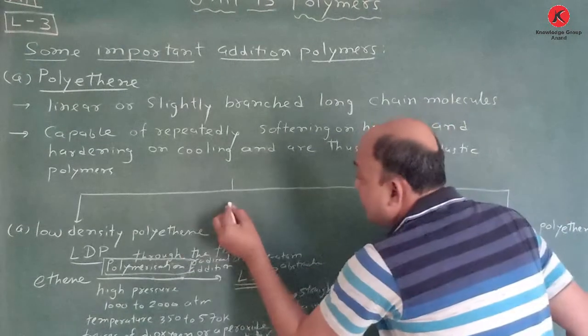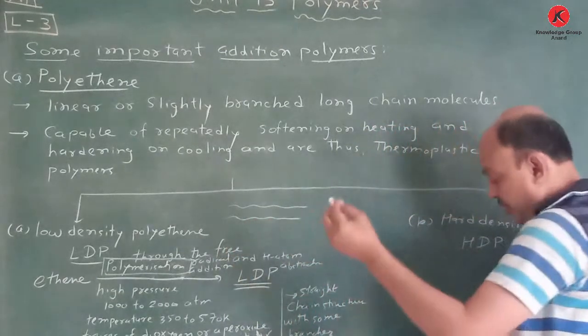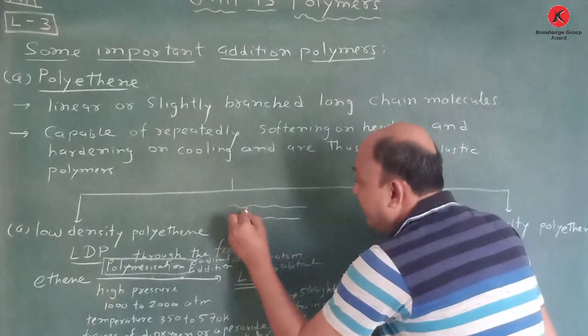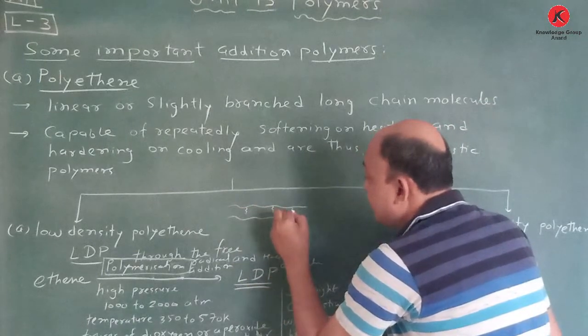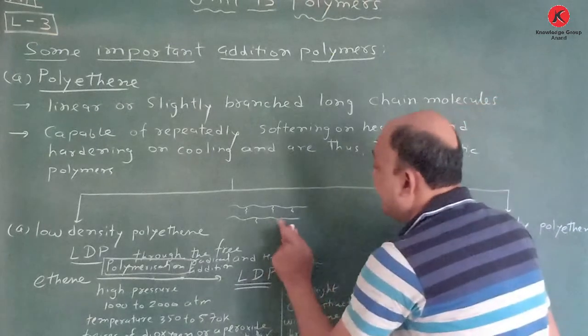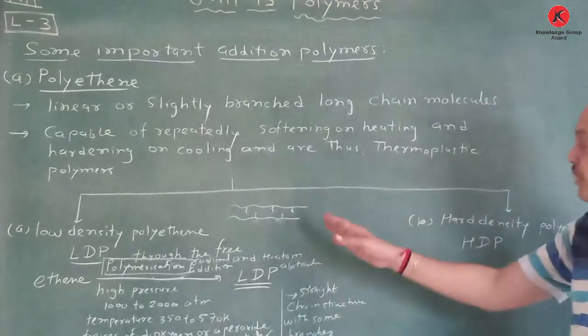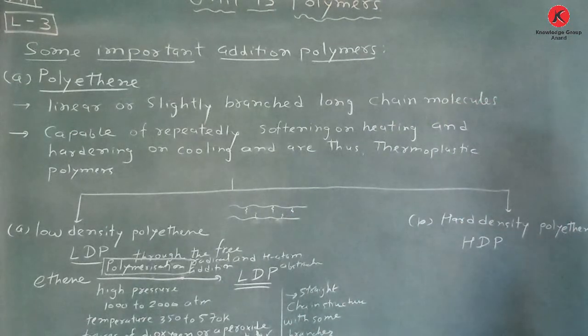That means this low density polythene, you draw just like this way. You have to draw this type of line, and here you draw certain branches according to this way, or you draw just like this. Okay, so this is nothing but low density polythene.